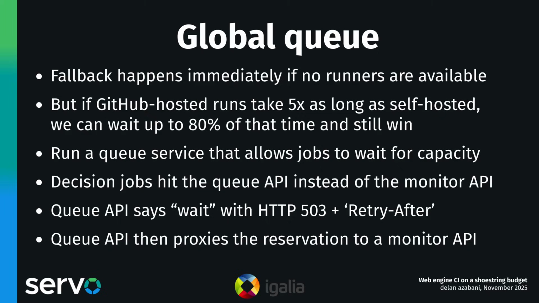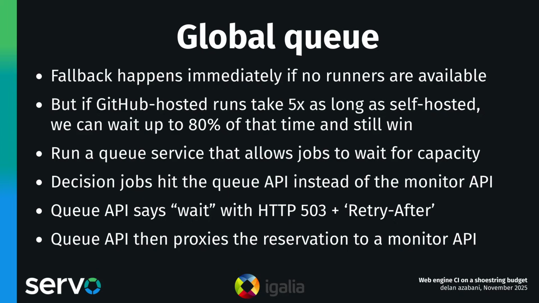And if that was the case, it would actually be beneficial to wait up to 80% of that time, and we'd still probably save time. So to increase the utilization of our self-hosted runners, what we can do is run a small queue service that sits in front of the monitors, and it essentially acts as a reverse proxy.